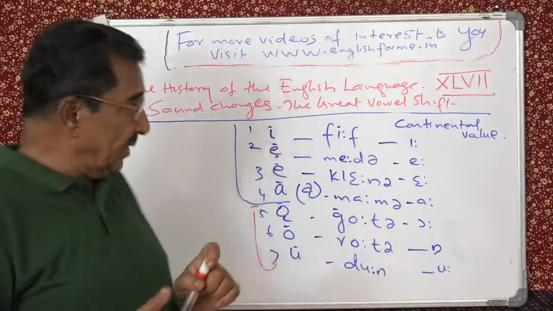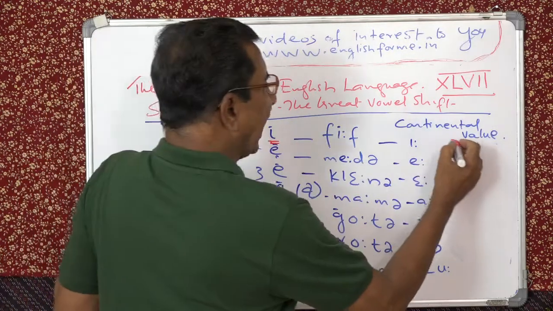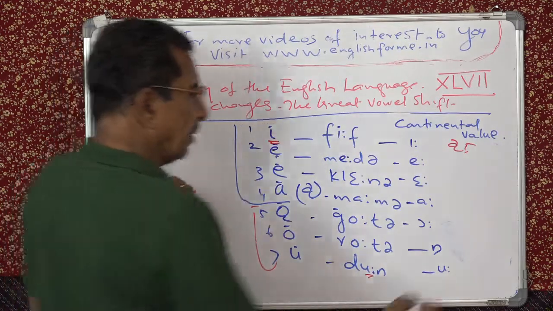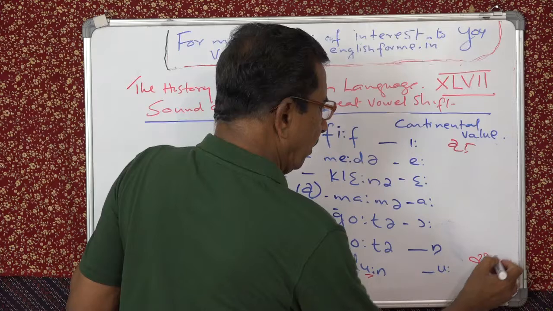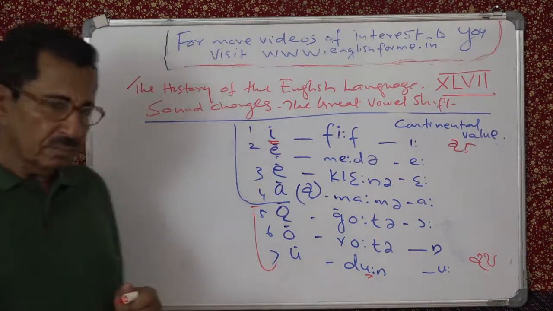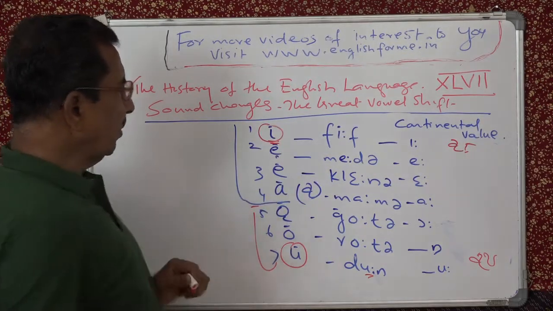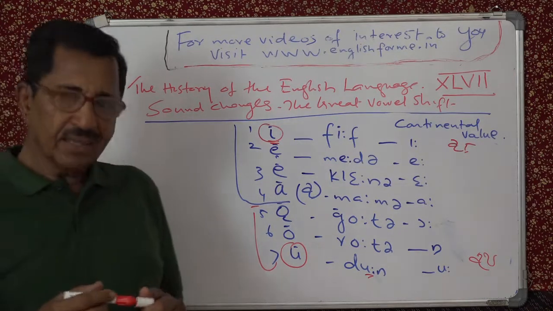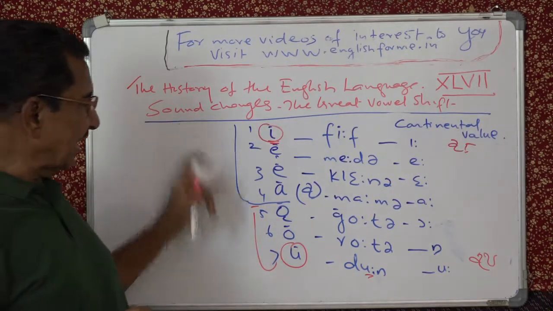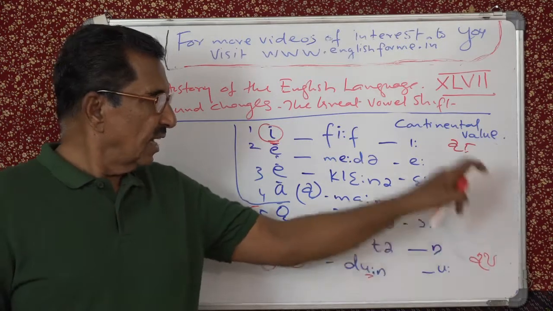Now, actually, what happened is this. This E became I, and U became OU. So what happened? We have only 5 vowel letters in modern English, because the first and the 7th became diphthongs, I and OU.